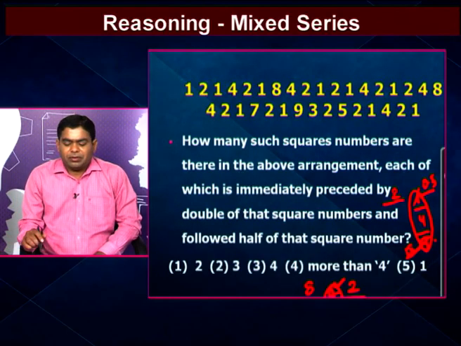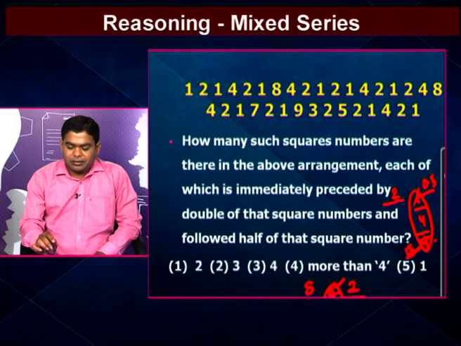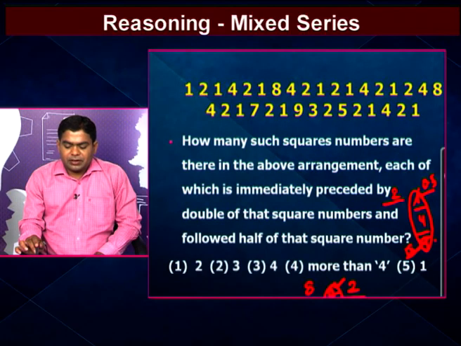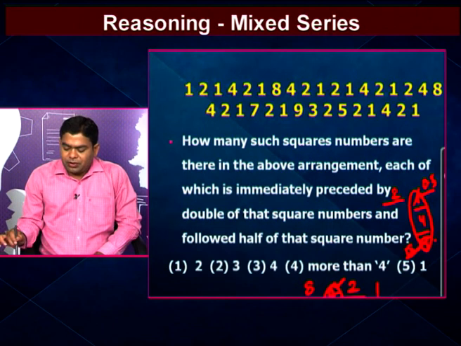Then we count those 4s. So by observation, this 4 is there, but it is not preceded by double of that number. Preceded must be double, double means 8, so there is no 8. That's why this 4 is not satisfied. After that we go to the next 4. That one is preceded by double of the number and followed by half of that number. That means at present one 4 is there.